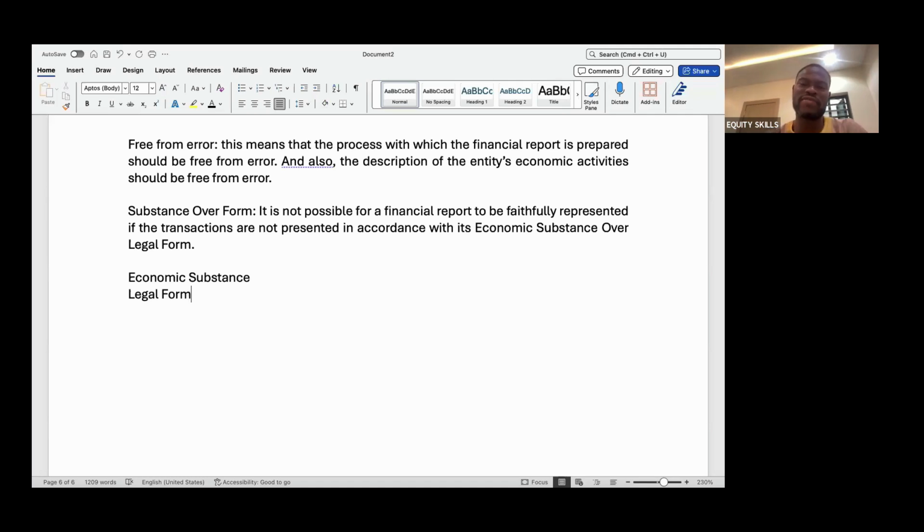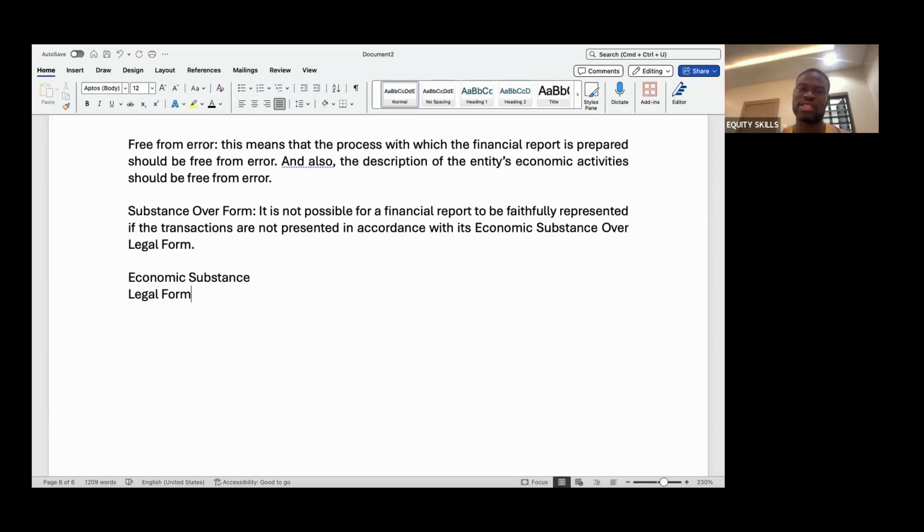You can only faithfully represent, right, if your transactions are presented based on the economic substance and not legal form.